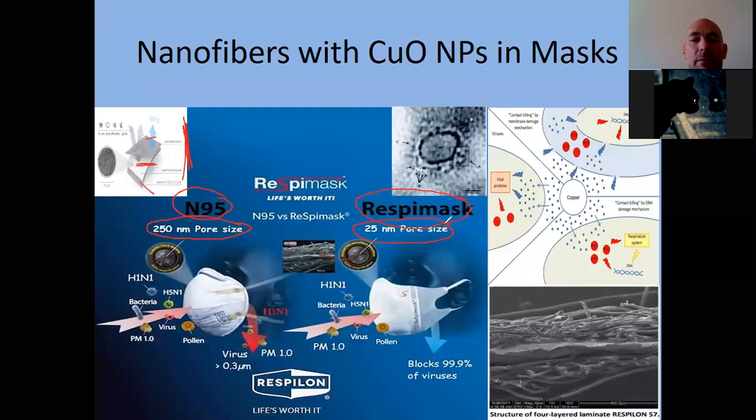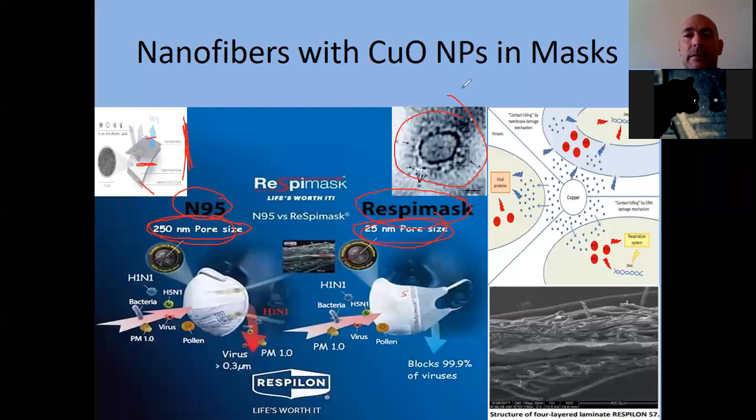Why is this pore size important? Actually, it is very important. And the main reason is that this electron microscopy of coronavirus has been published. And if you look carefully at the scale, you can appreciate that this virus is much smaller than 250 nanometers, right?